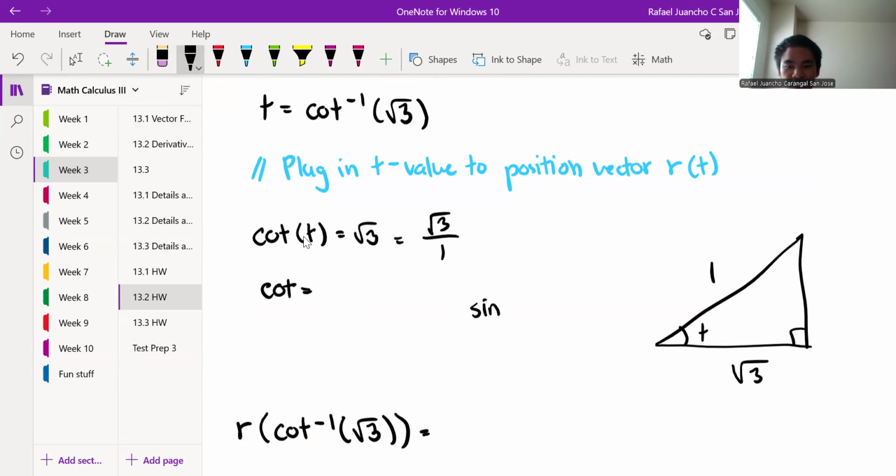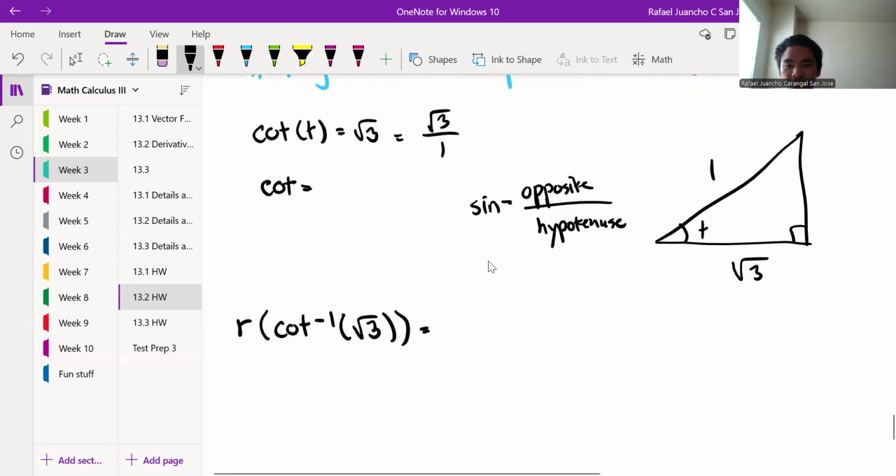So sine is opposite over hypotenuse and cosine is adjacent over hypotenuse. Okay, don't mind my handwriting.